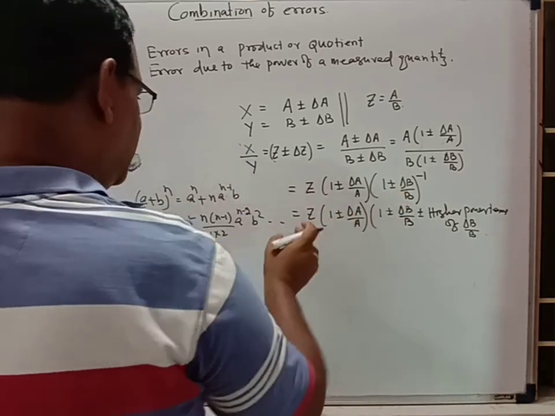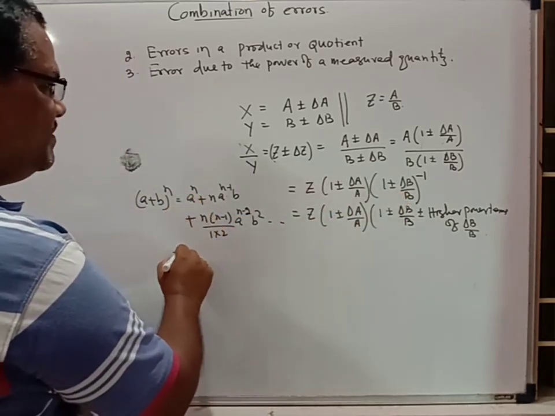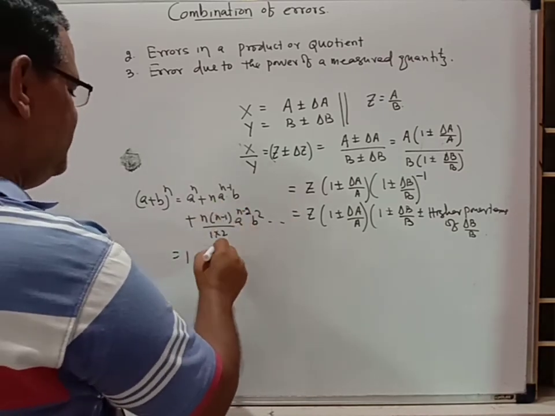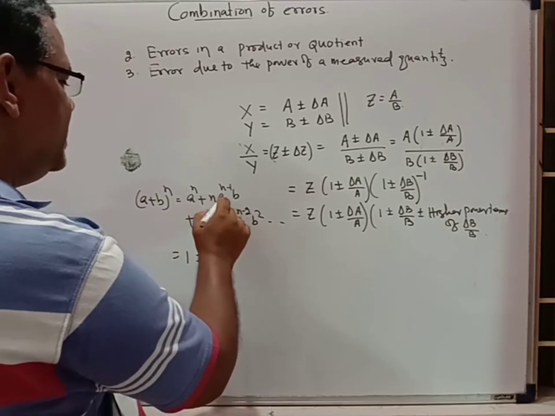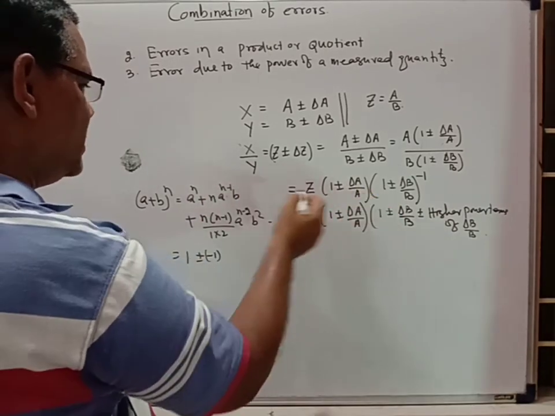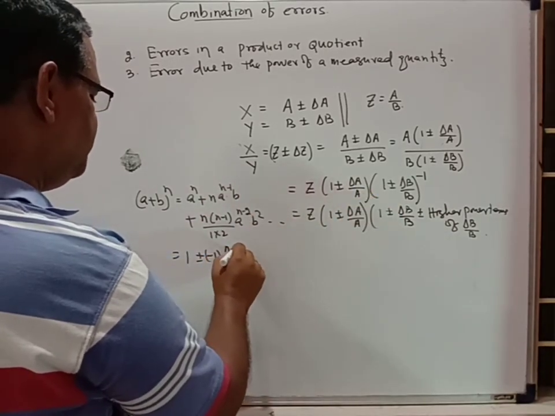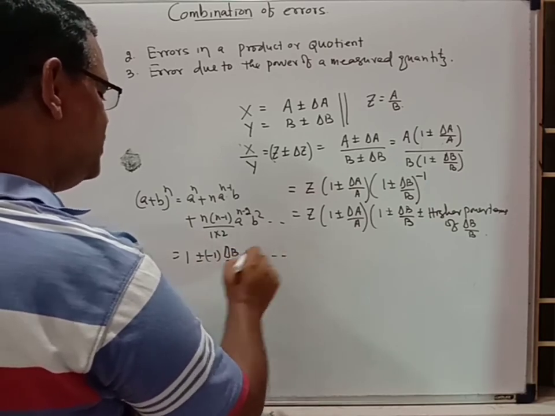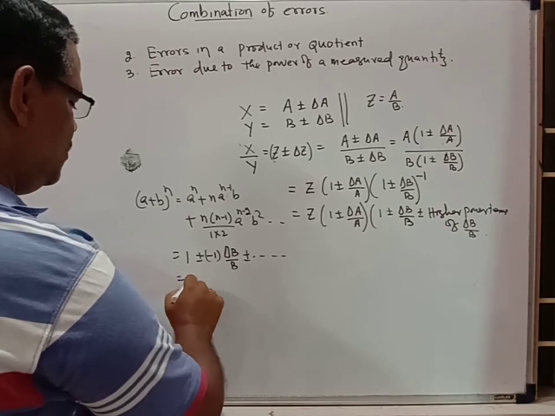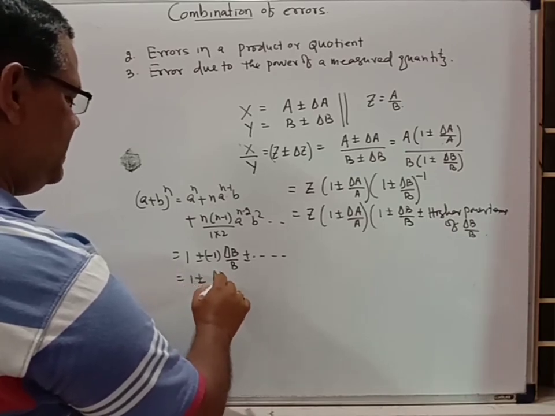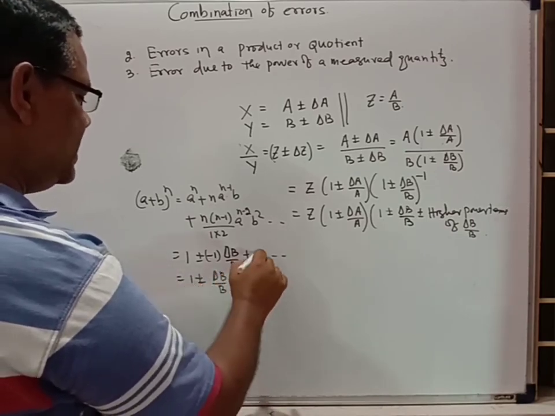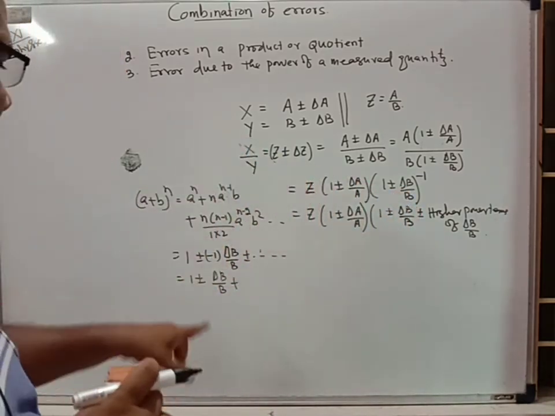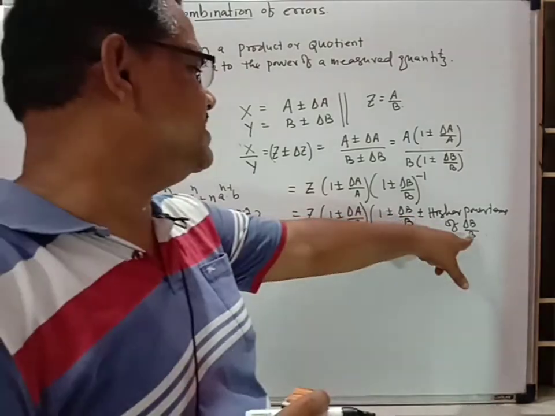If you put accordingly, a to the power n means 1, plus or minus n, that is minus 1, and b equals ΔB/B. In that manner you will be getting 1 plus or minus ΔB/B, plus again the (ΔB/B) squared, (ΔB/B) cubed terms, like that, the higher power terms. So the higher power terms are neglected.